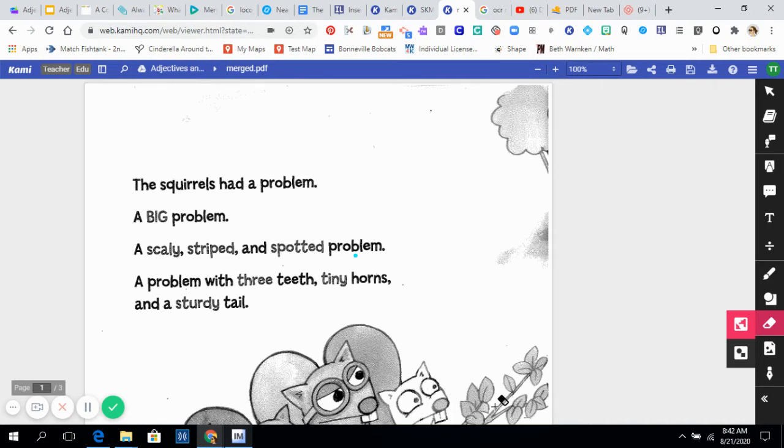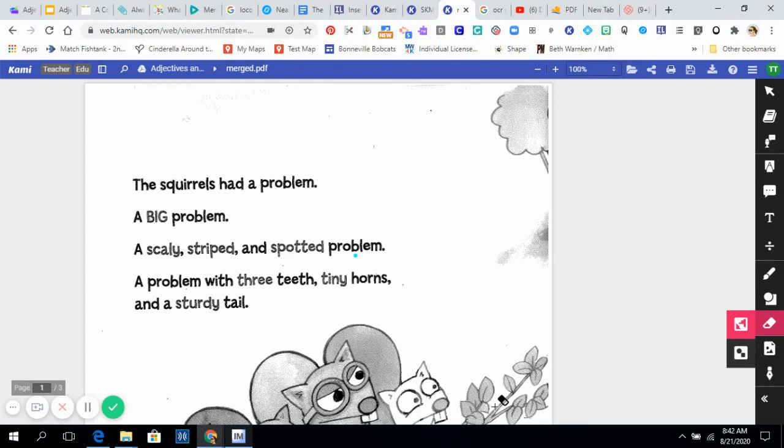First, I will reread. The squirrels had a problem, a big problem, a scaly, striped, and spotted problem, a problem with 3 teeth, tiny horns, and a sturdy tail. This was the beginning of our story.